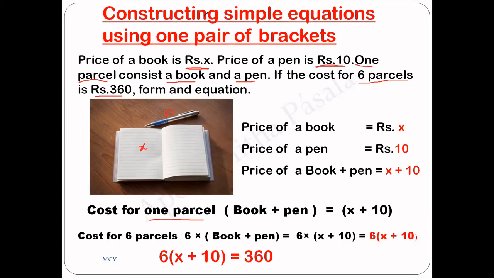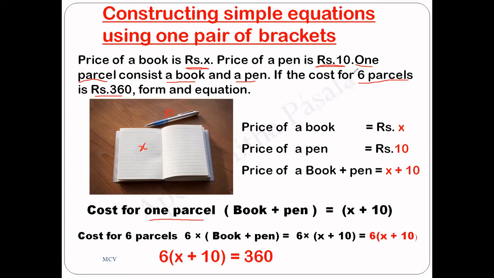Here we are going to construct simple equations using one pair of brackets. So you can use a pair of brackets because both are in one parcel. Now we want to find 6 parcels. Then to get 6 parcels, you have to multiply the terms within brackets by 6.